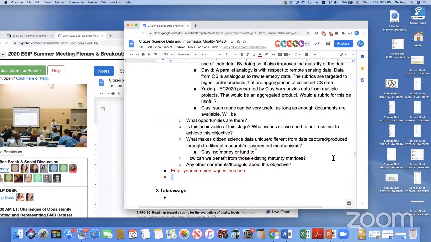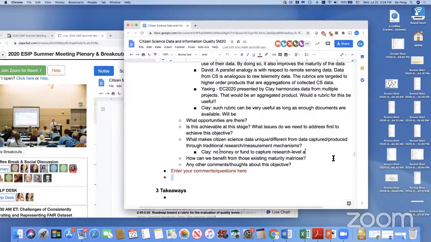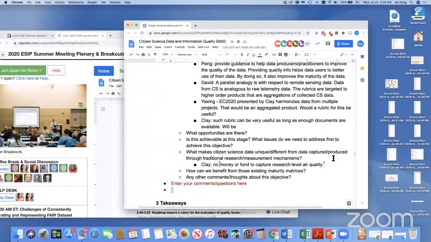So if we can give a level set with consumer grade and business grade monitors, we can provide a level of confidence for underserved areas to understand their air quality, and really they can believe in the measurements they're seeing from lesser grade monitors or sensors. So we are about 1 minute left in the scheduled time for this portion of the session.